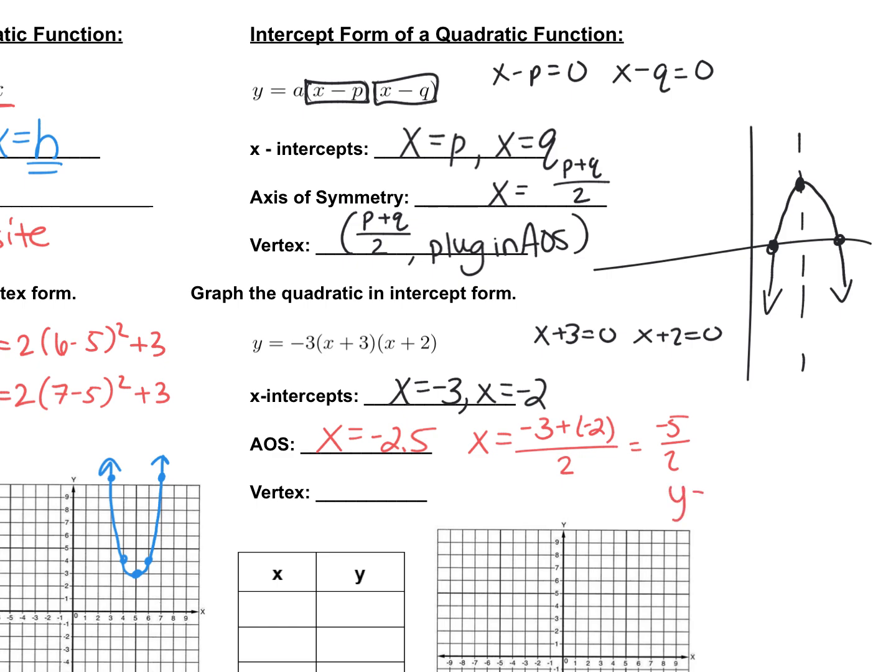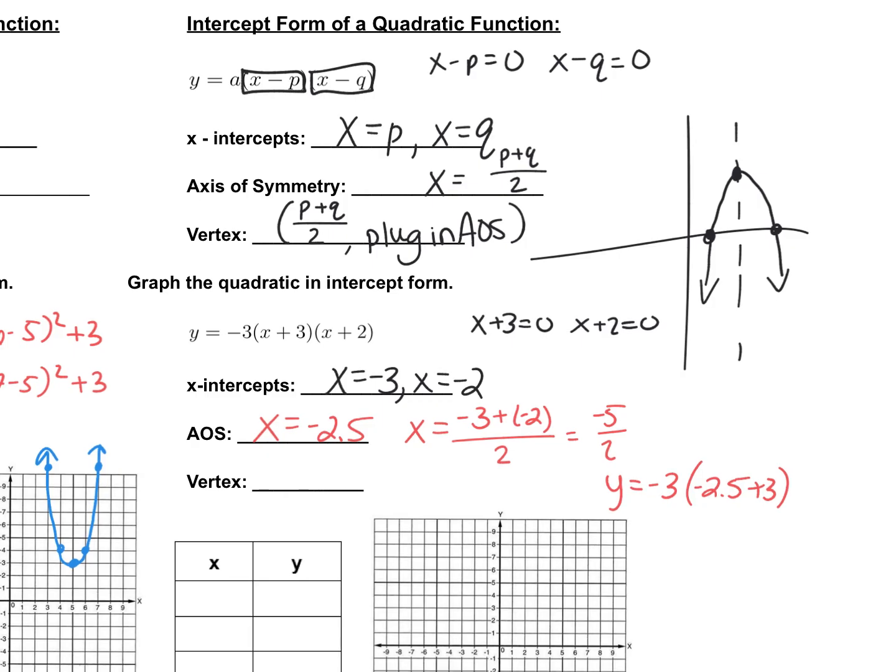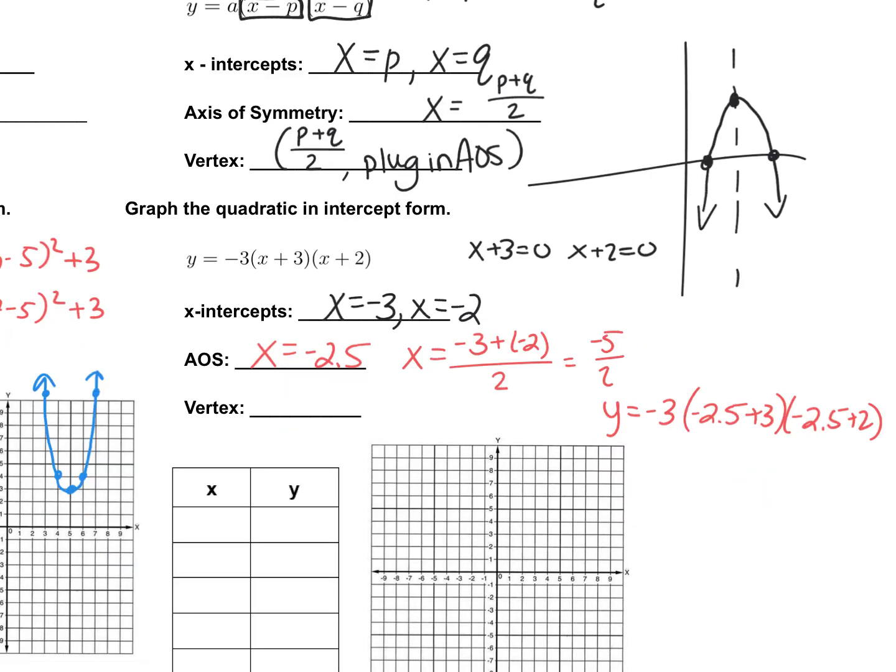So I have y is equal to negative 3 times (negative 2.5 plus 3) and (negative 2.5 plus 2). You can type it in your calculator just like that and find the vertex. So that gives us a vertex of (negative 2.5, 0.75).